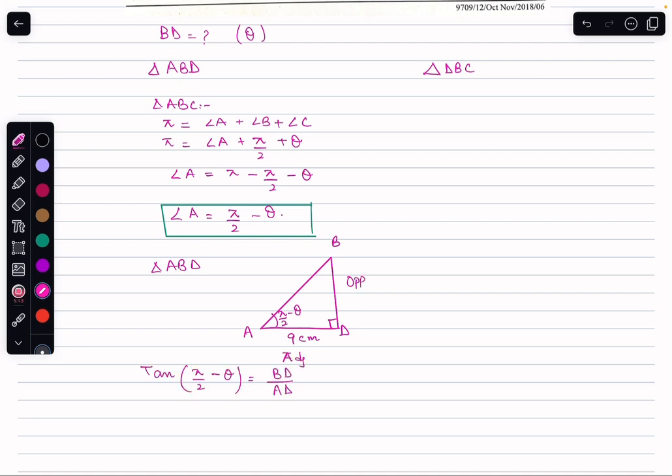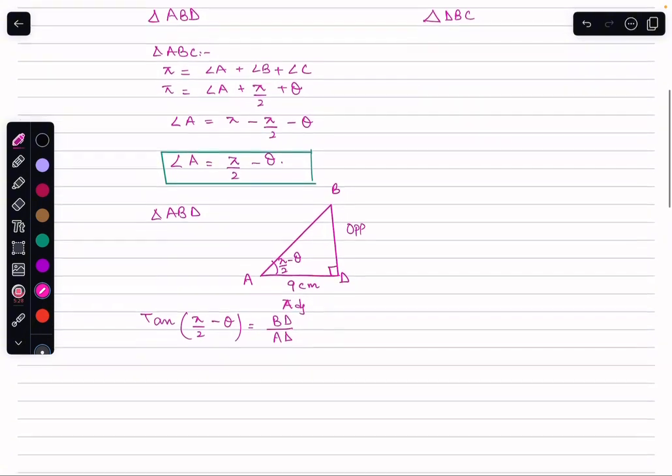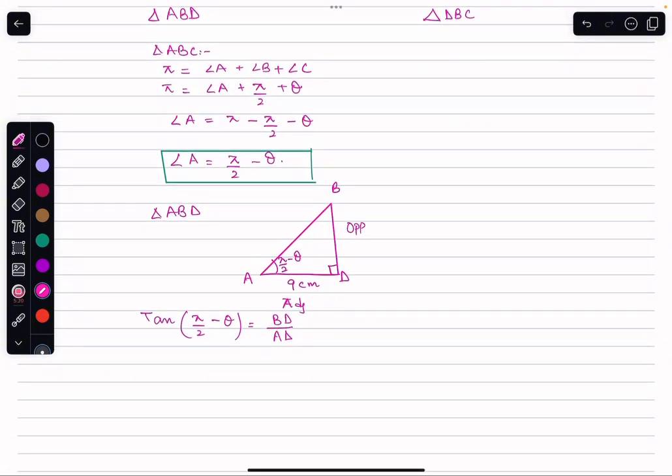So in triangle ABD, I can apply the tangent ratio: tan of π/2 minus θ is equal to BD over AD, which is 9.